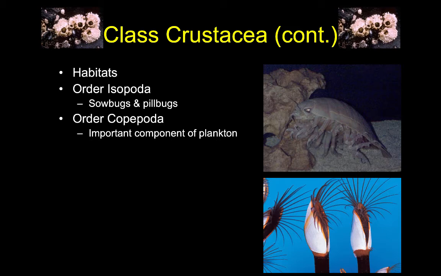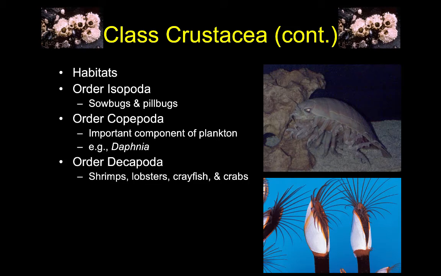They're the ones that feed on the producers, and in turn, they provide food for some of the smaller fish. And of course, smaller fishes provide food for bigger fishes and so on. So they're a really important link in the food chain. Those copepods are really important food for the smallest of fishes, which then in turn provide food for the larger fishes and other kinds of animals as well.